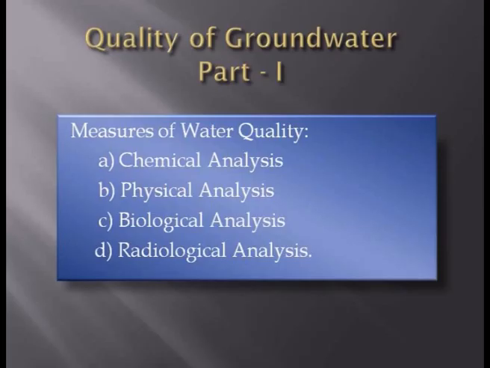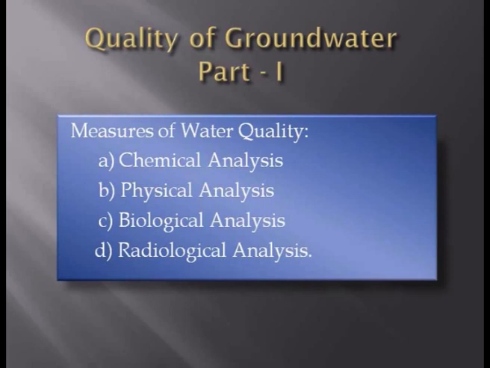Measures of the water quality. What are the measurements we will take to determine the quality of the water? For the measurement of water quality, there are 4 types of analysis, generally 3 types, but another is also there.